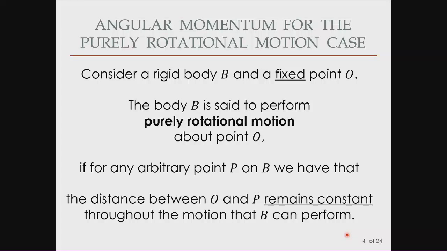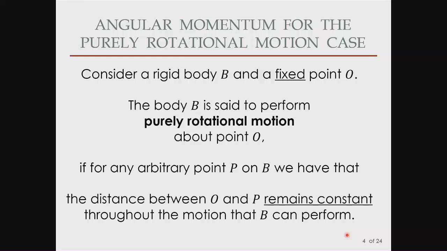So any arbitrary point on the rigid body, and you should be able to pick any arbitrary point, the vector going from this O to P, ROP, it can change direction, but it must remain with the same magnitude, same size.